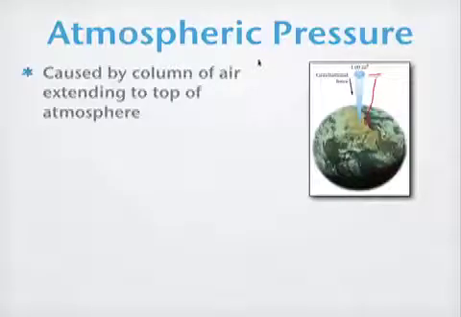Now, in terms of English units, you may be familiar with PSI, or pounds per square inch, where 14.5 PSI is approximately the atmospheric pressure at sea level, which indicates a pressure of 14.5 pounds in every square inch of area on the Earth's surface.